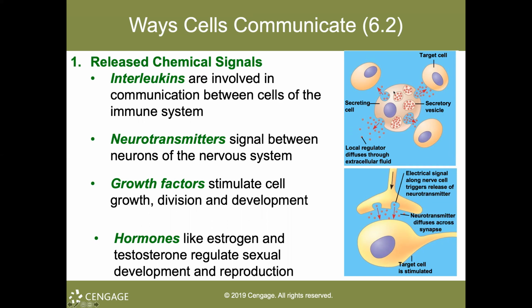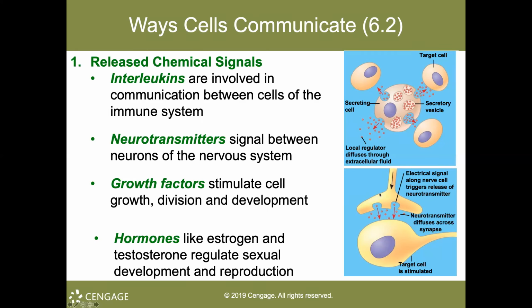On the right, you have animations that depict how these signals are getting to the target cell. In this case, some cells are going to secrete signaling molecules and they're going to travel to nearby cells. And on the bottom, in this animation, we have specialized cells known as neurons that are located in the nervous system.